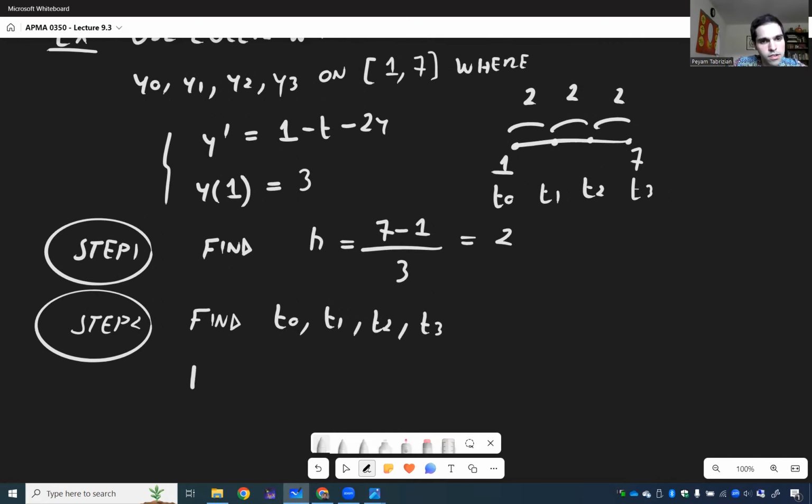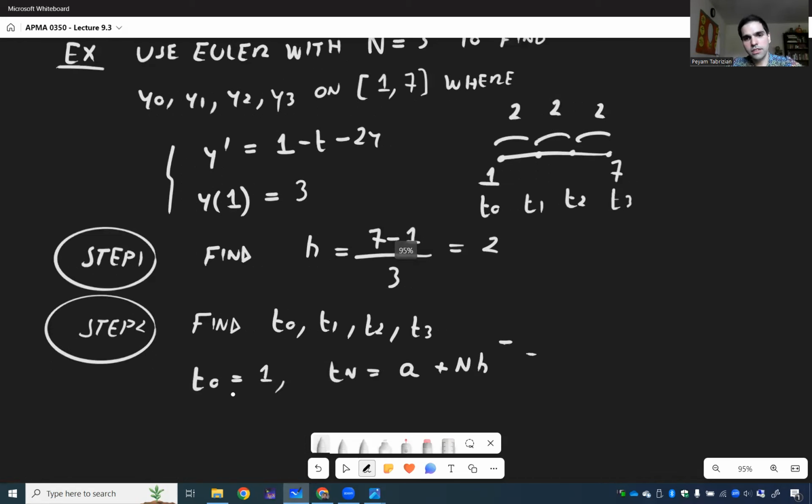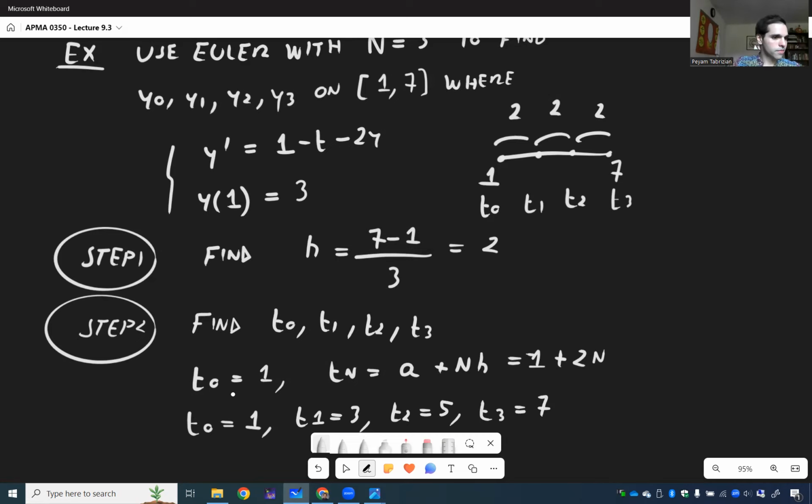So t0 is 1, and then you can use, if you want, tn is t0 plus nh, which in this case is 1 plus 2n. And that essentially gives you t0 is 1, t1 is 3, t2 is 5, t3 is 7.